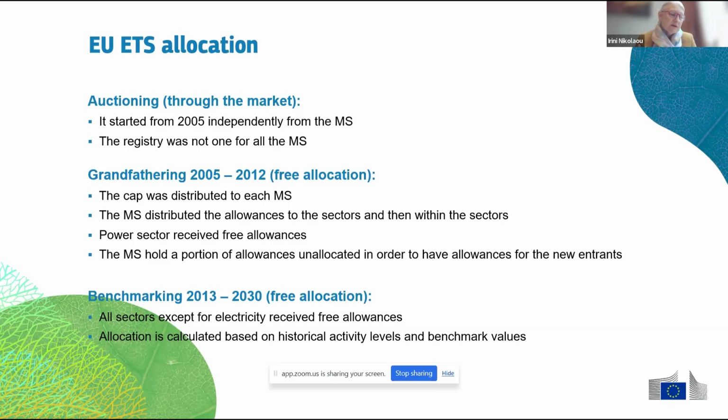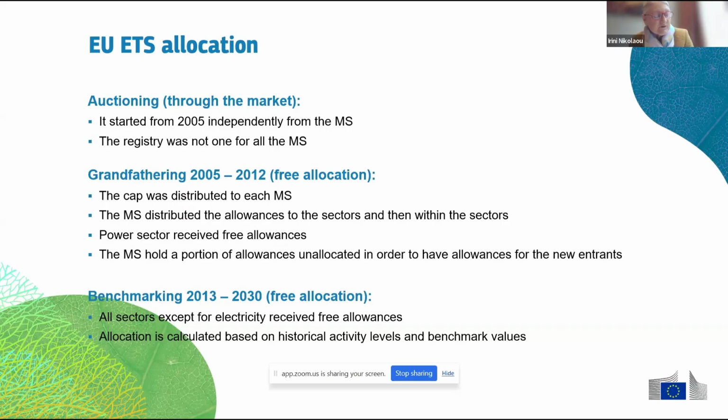So you could see that our way to distribute free allowances was not the best, because even the installations that for a reason did not produce, that means did not emit, got the total amount of allowances based on their historical data. That was unfair for the installations that, because they had to produce more, emitted more and didn't have the time to decarbonize. Therefore, they needed more allowances. It was an unfair system.